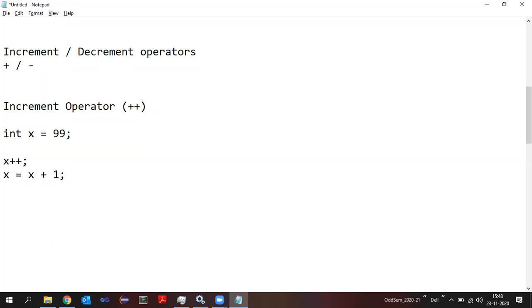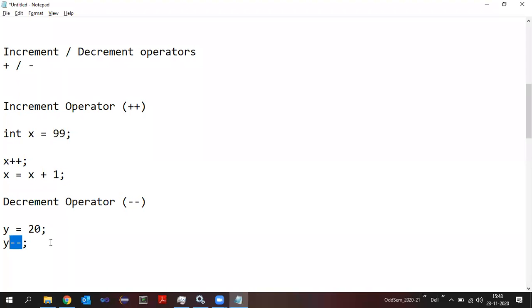In the same way, there is something called a decrement operator. So now you tell me what it could be. Decrement is written with 2 minus symbols. Now for an example, say y = 20. If I write y--; what does it mean? Minus minus means decrement.